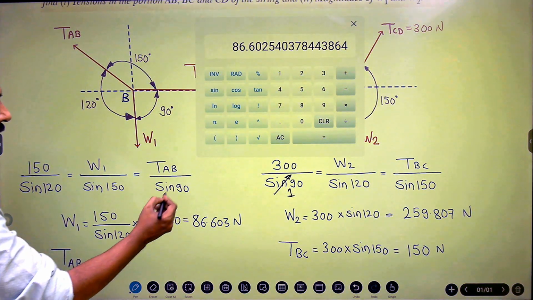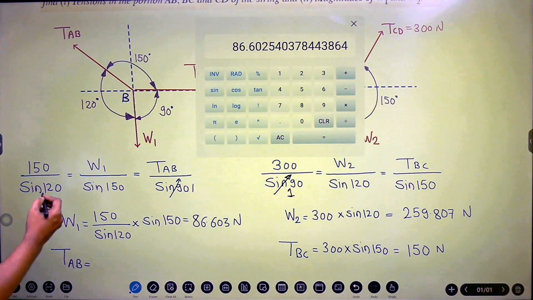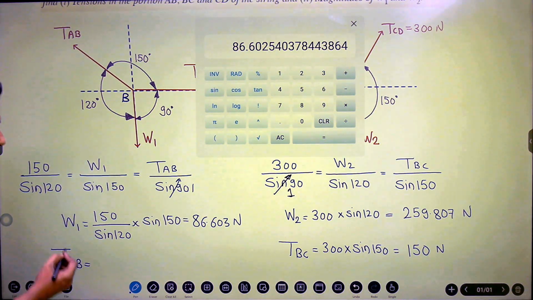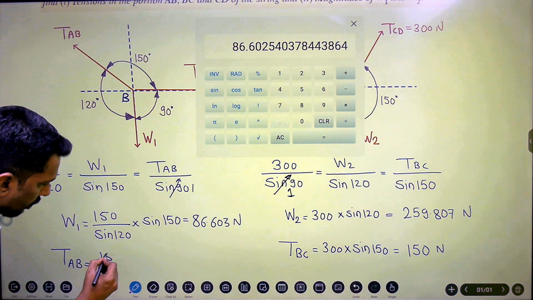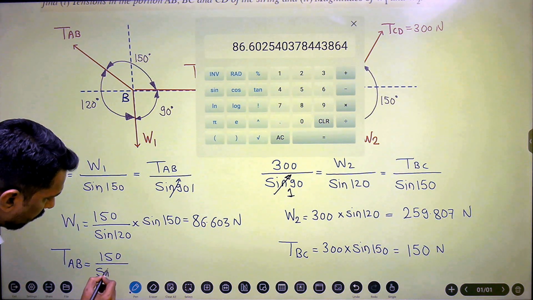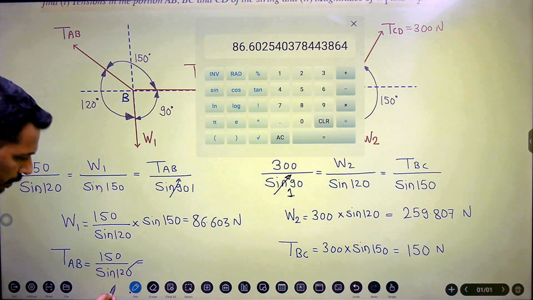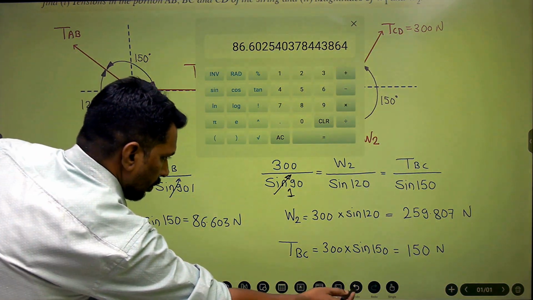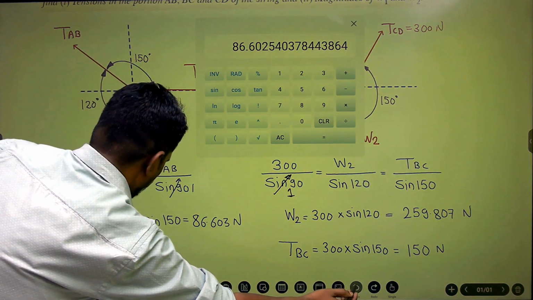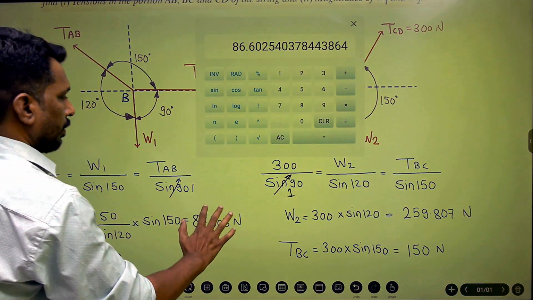sine 90 is 1, we have already known this. So the equation will be sine 150 divided by sine 120.